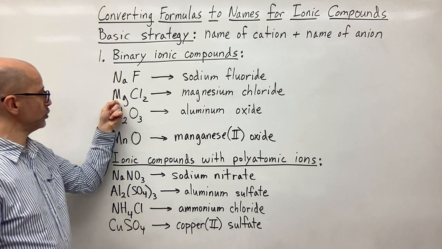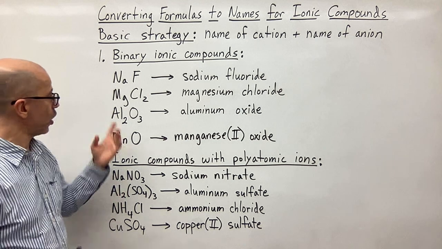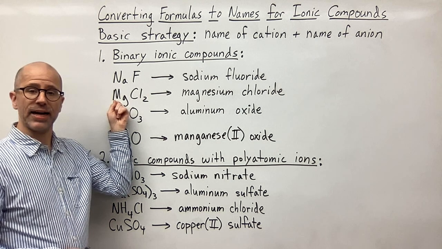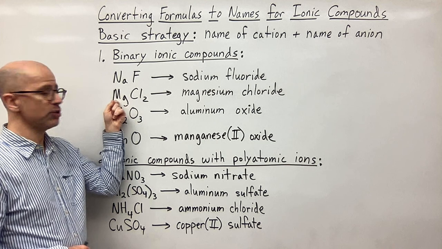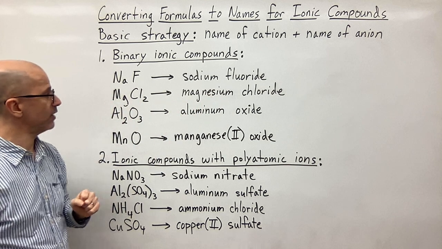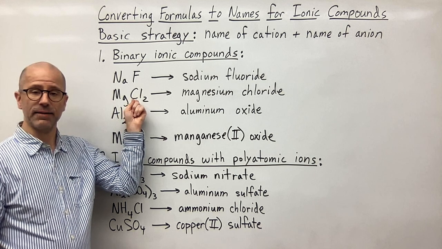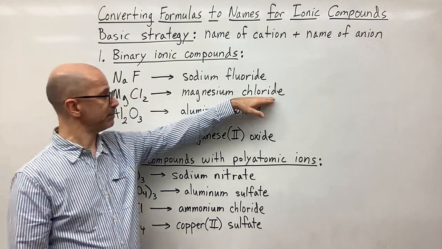Next, we have MgCl2. Mg is our positive ion, magnesium. So the name of the ion, Mg2+, is magnesium. So magnesium is the first part of the name of the compound. Cl, that's the chloride ion. So we put chloride.